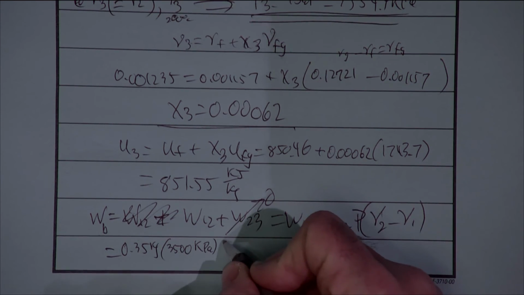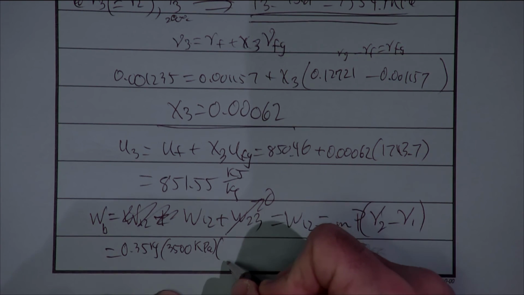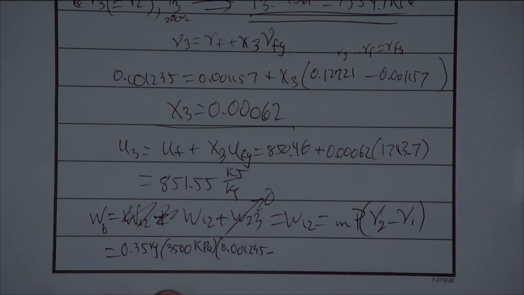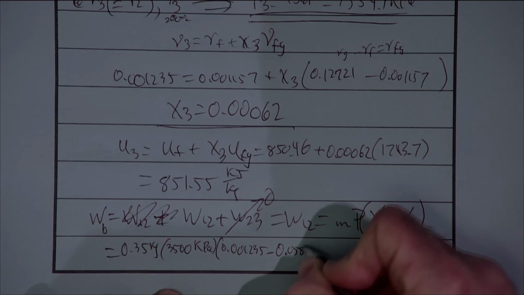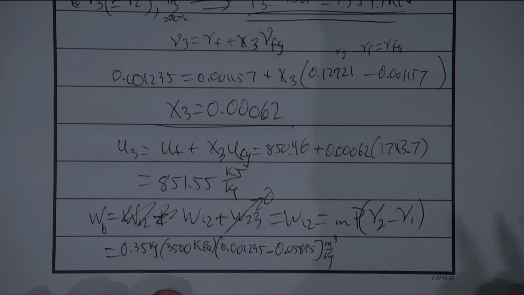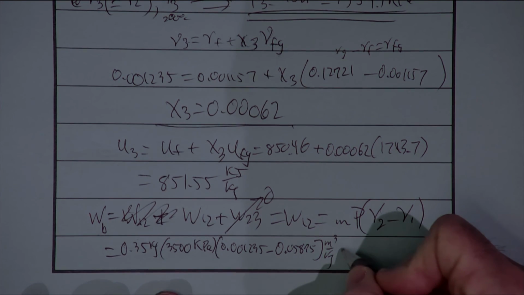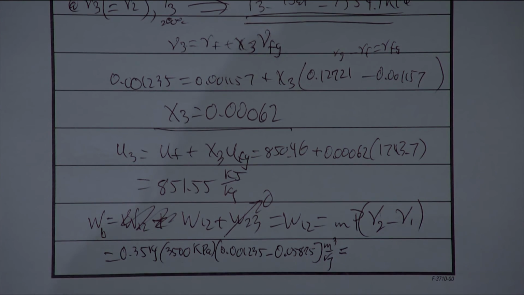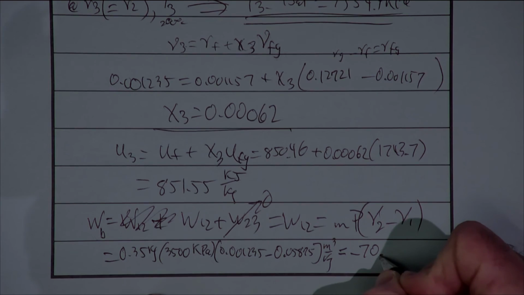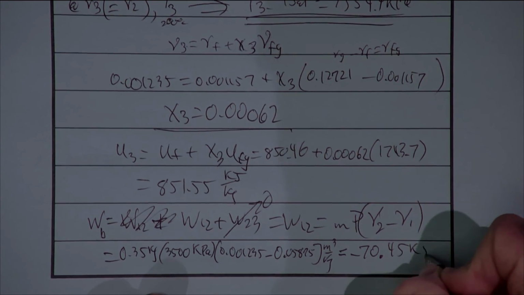And then the specific volume change: 0.001235 minus 0.05875, and those are meters cubed per kilogram. Again, the units here are the same units we had in the previous problem. Kilopascals basically converts into kilojoules per cubic meter. And we end up with minus 70.45 kilojoules.